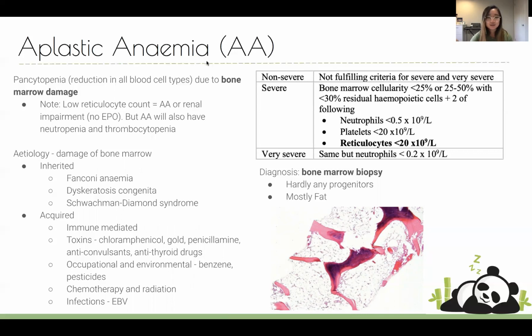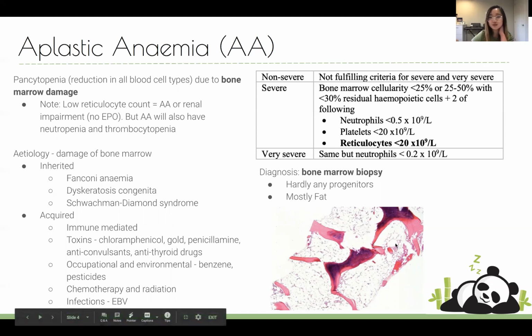But aplastic anemia will also have reduction in other cells, so neutropenia, thrombocytopenia, things like that. Diagnosis is just bone marrow biopsy. You can see here, we'll go over this a little bit later as well, but you don't really see any cells. It's mostly fat, which is really abnormal.